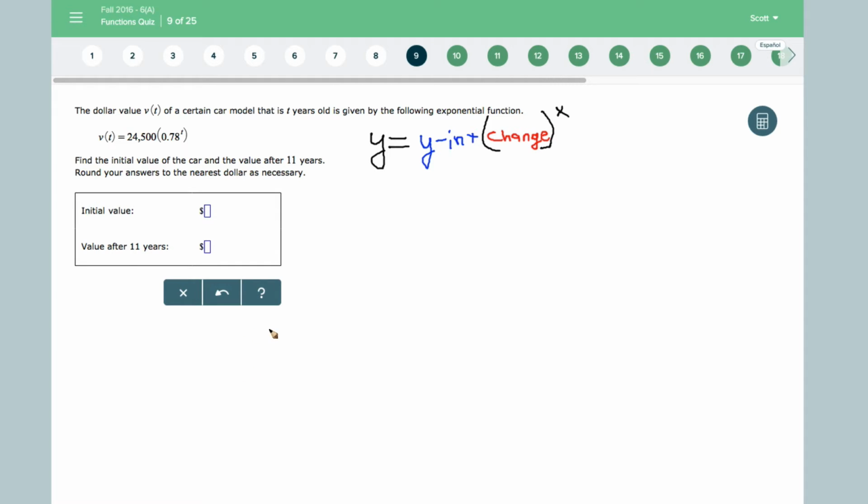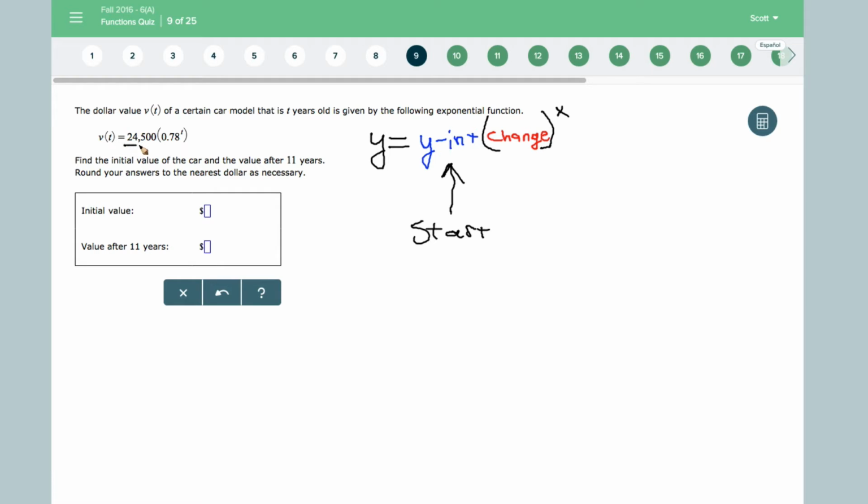Okay? So from there, we can say, hey, our y-intercept is always our beginning point, our initial value, our starting point. And this is how fast it's changing.